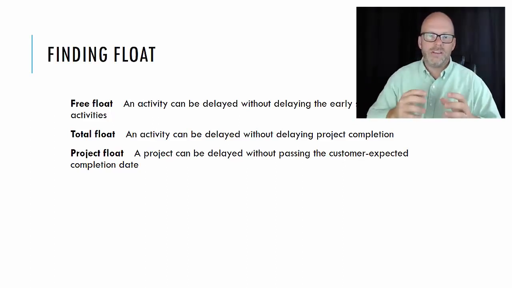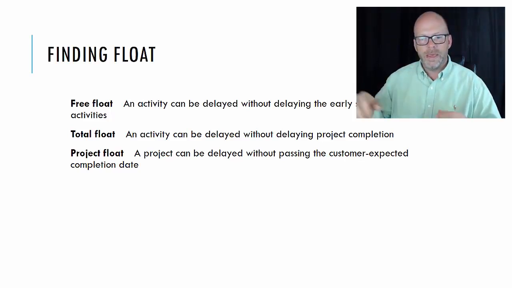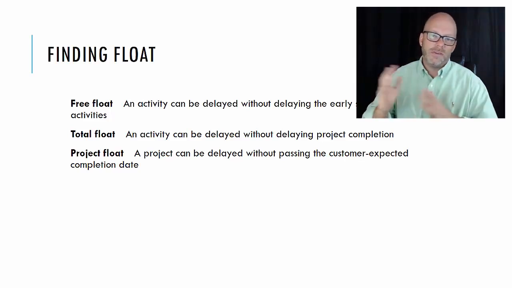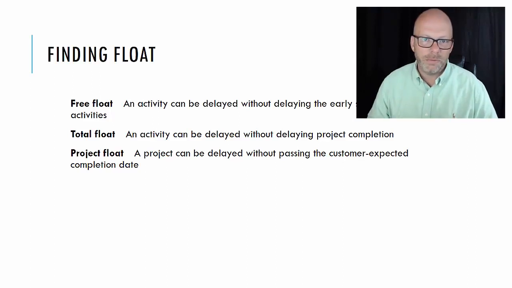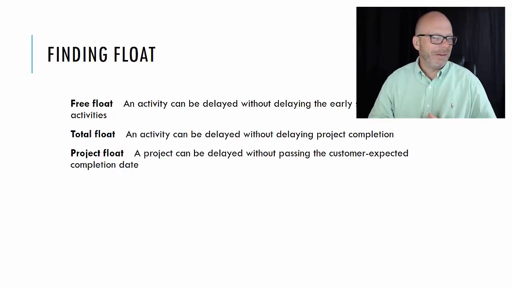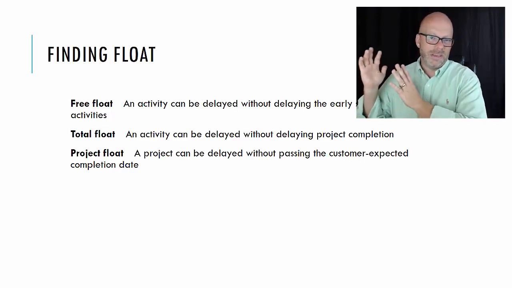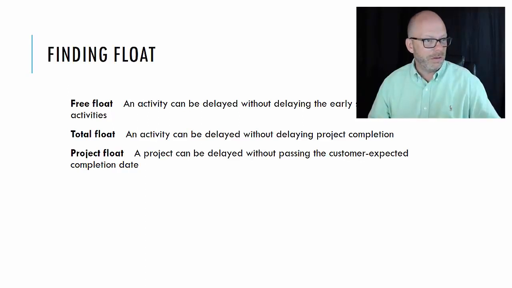Total float, an activity can be delayed without affecting the entire project completion. And then project float is, you've got this big window to pick up and put down the project at your leisure. I know all of you experience that. But project float is the project can be delayed without passing the deadline, the customer expected completion date.